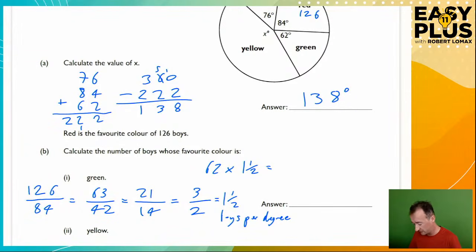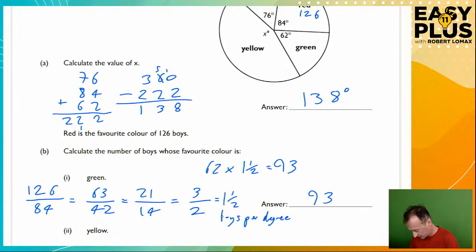That's easier for a multiplication, but times 1.5 is easier, I think, for mental arithmetic, which we can really use here. Times 1.5, so half of 62 is 31. 62 plus 31: we'll add the 1 on, 63, add 30, 93. So it's 93 boys. It's as easy as that once we've got this stuff all worked out.